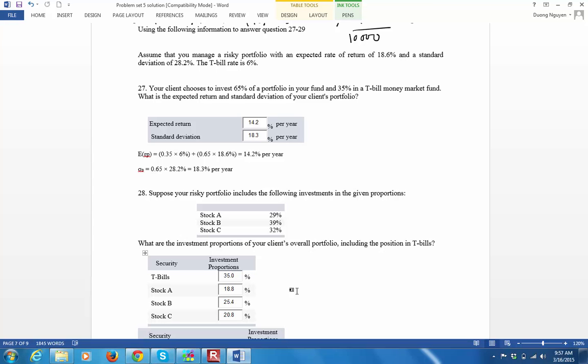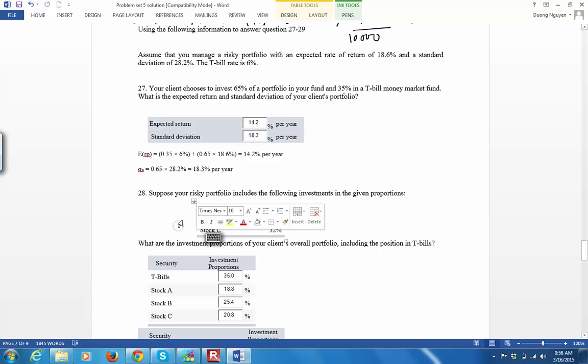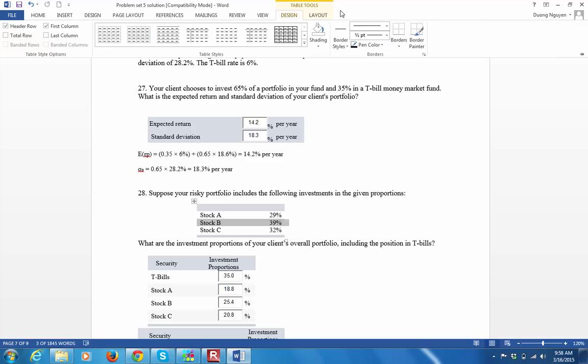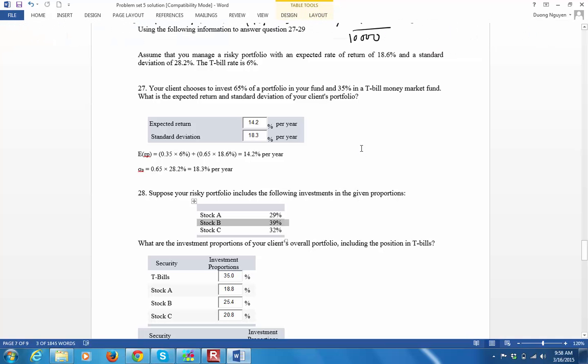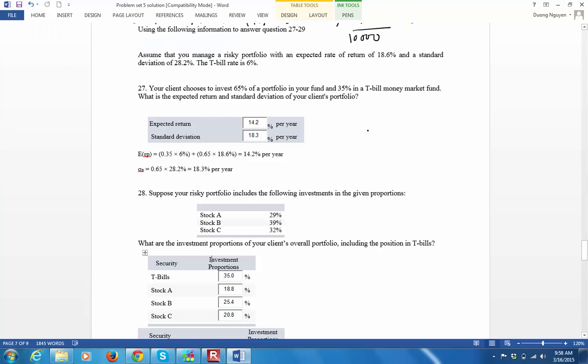The T-bill rate is 6%, and if your client chooses to invest, okay, number 27.